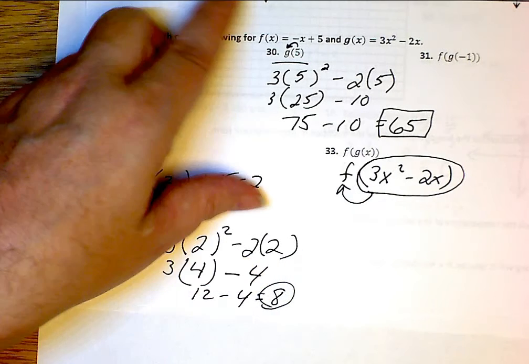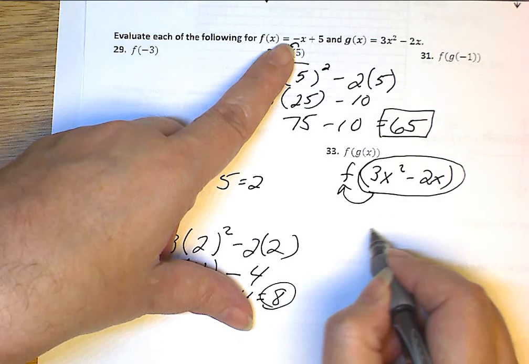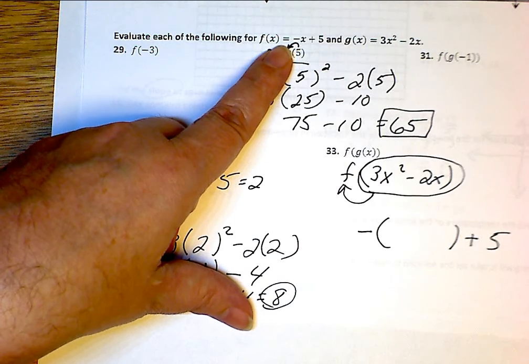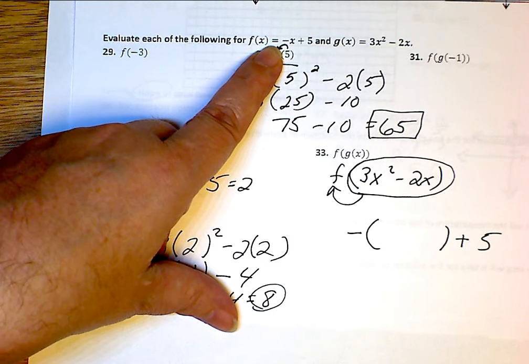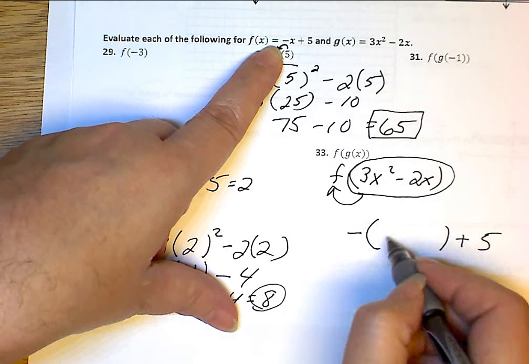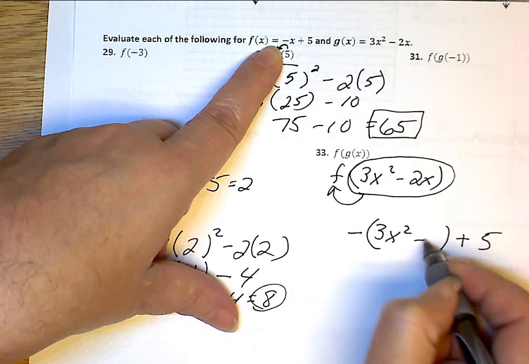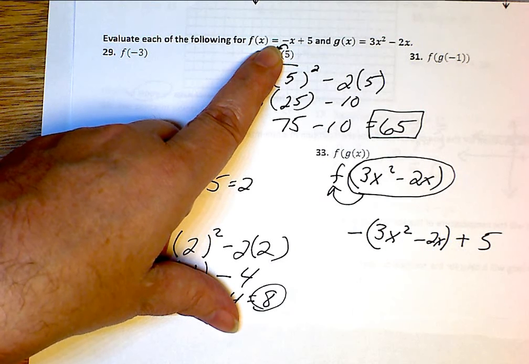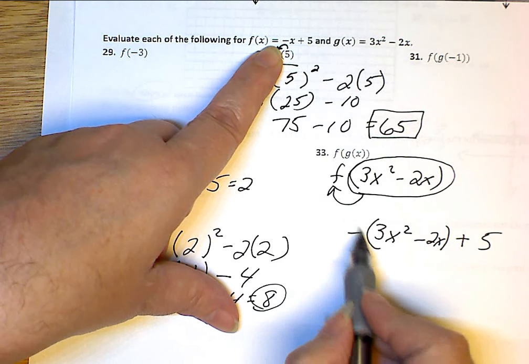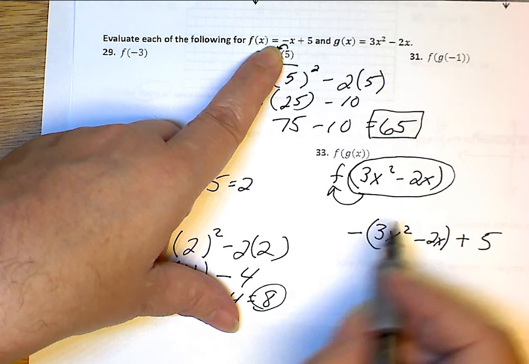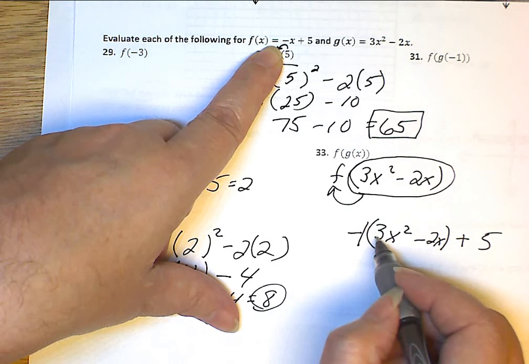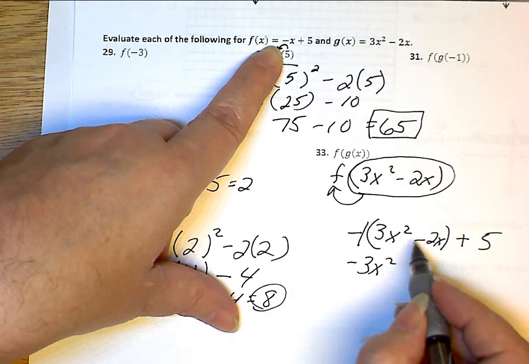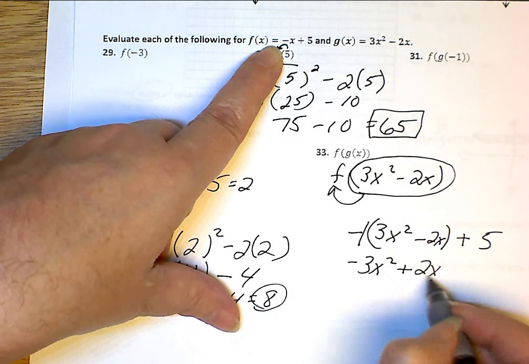So I'm going to bring down f of x, which is negative parenthesis plus 5. I'm going to put this in here, so I'm going to go 3x squared minus 2x. And now I just have to do, you know what this negative can really be? It's like negative 1. So negative 1 times 3x squared gives me a negative 3x squared. A negative and a negative make a positive 2x plus 5.